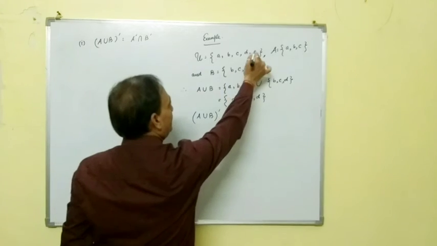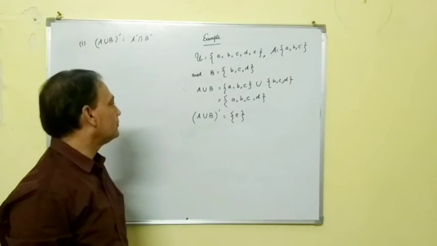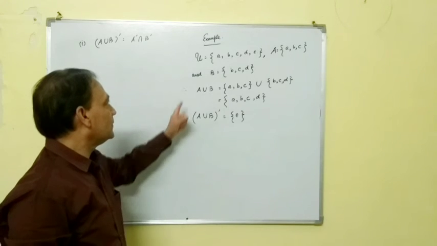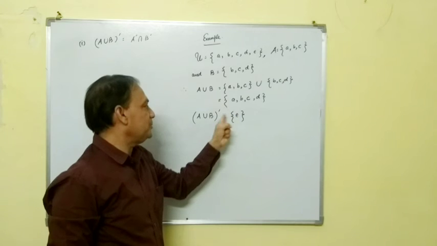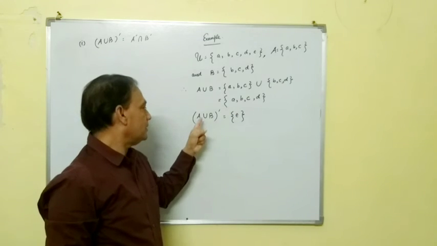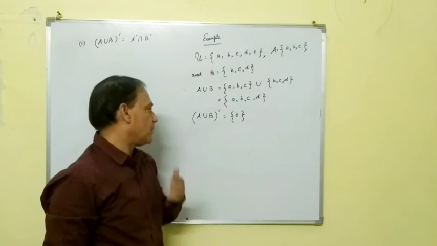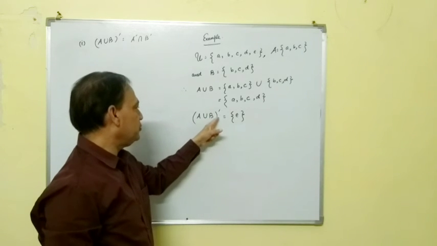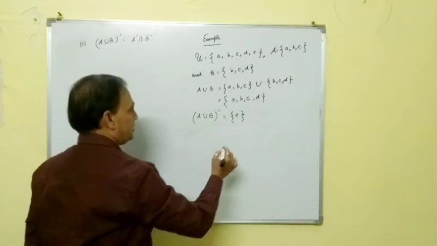This will be E only, the element of U which is not in A union B. So we write the complement of A union B as E. This is one.